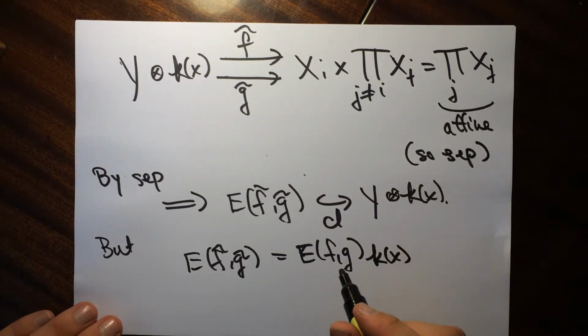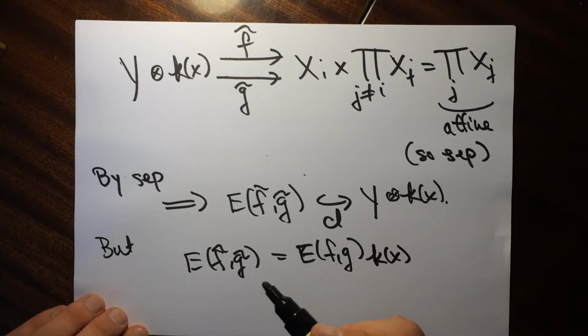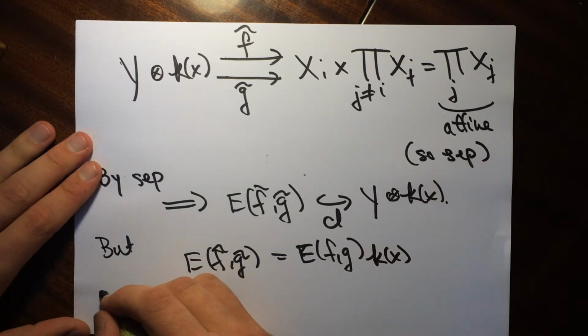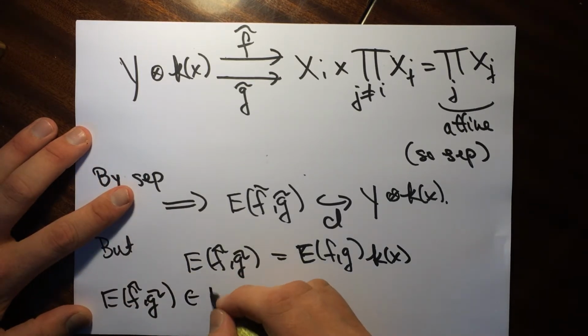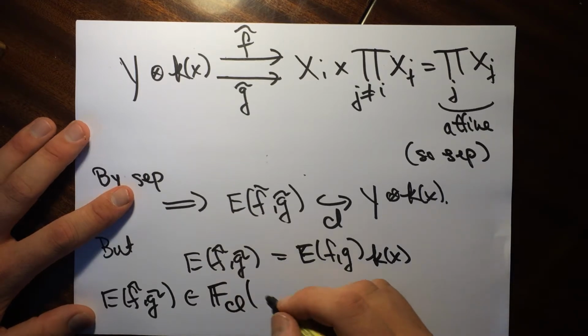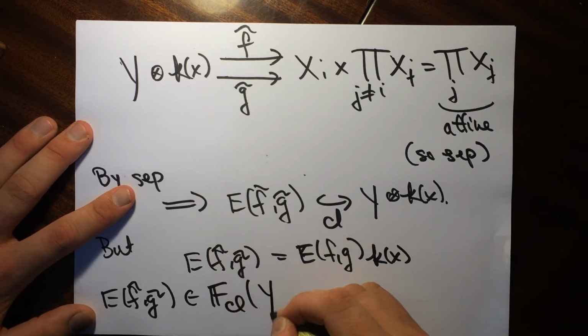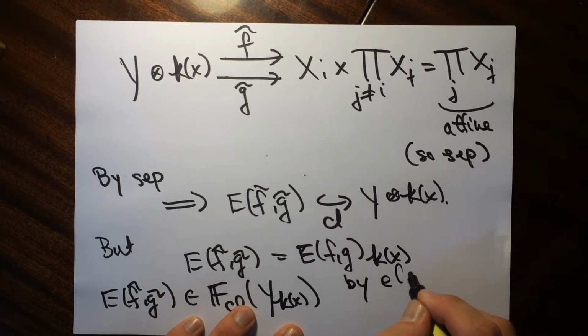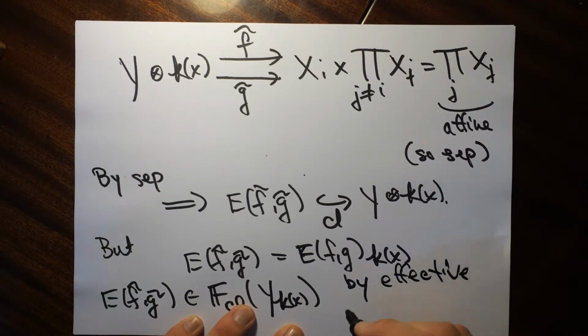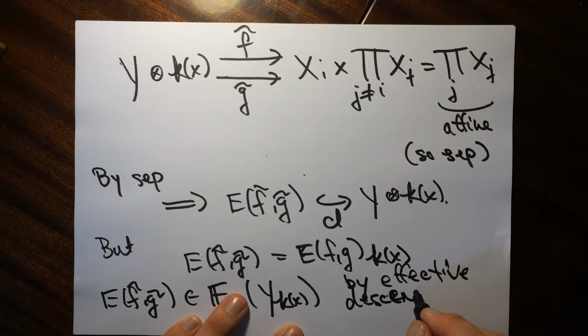So this guy here is an element of a closed immersion into Y with kappa base changed, and so by effective descent for closed immersions, the Grothendieck theorem, this implies that E of f, g is closed.